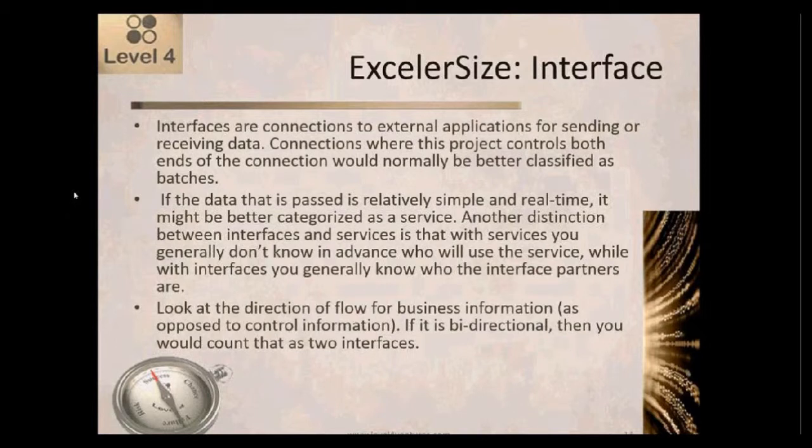If the data that is passed is relatively simple and real time, it might be better categorized as a service. Services and interfaces are very similar, except that with interfaces you normally have more complex data, and it's normally not real time. It could be close to real time, but it's normally not. Whereas a service is normally real time.